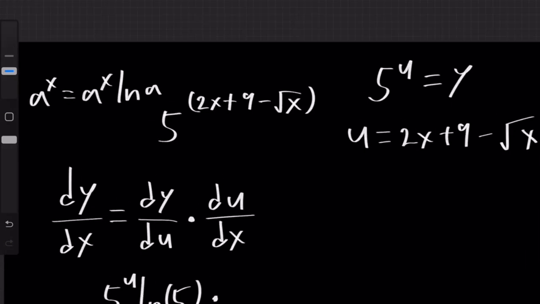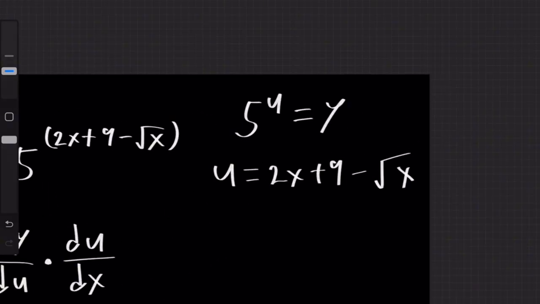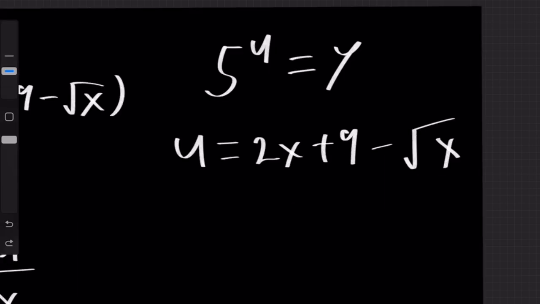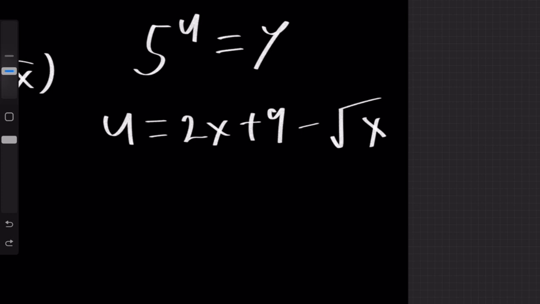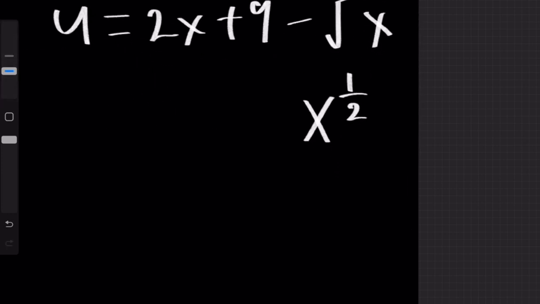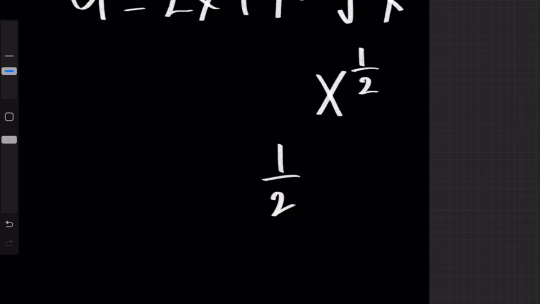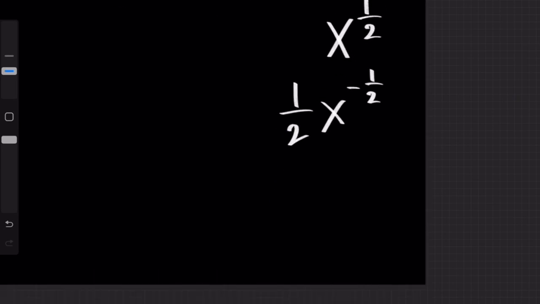And then we're multiplying by the derivative of this, which, if we apply the power rule, is equal to x to the power 1/2, and the power rule gives 1/2 x to the negative 1/2, because it's 1/2 minus 1, which will be equal to negative 1/2. Eventually we'll get 1 over square root x.